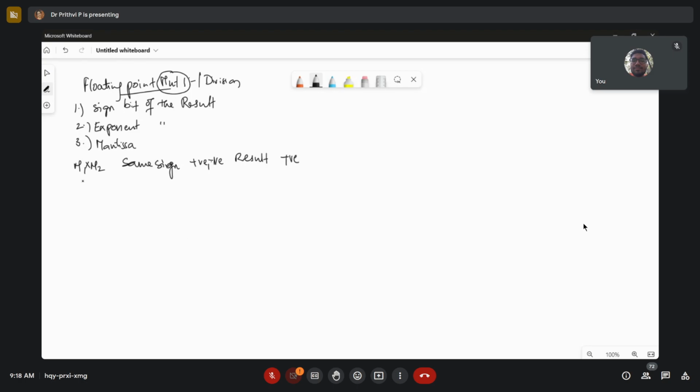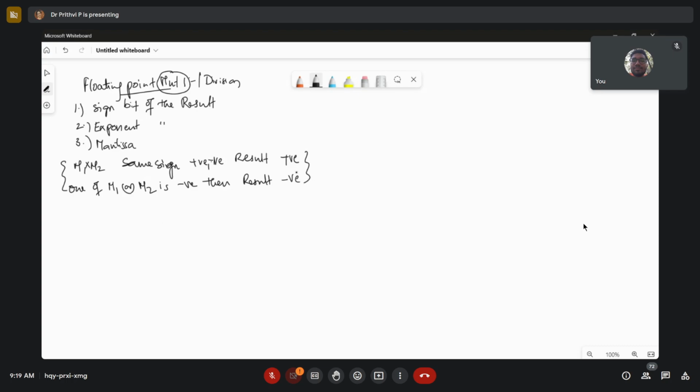Okay, if any one of m1 or m2 is negative, then the result will be negative. That sign bit thing I'm telling. So this is your first calculation.